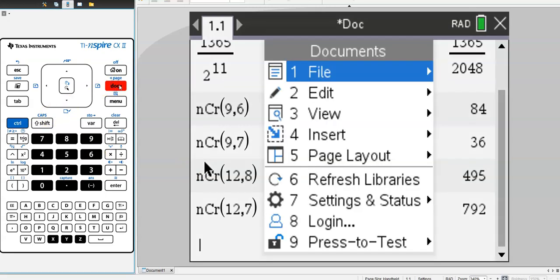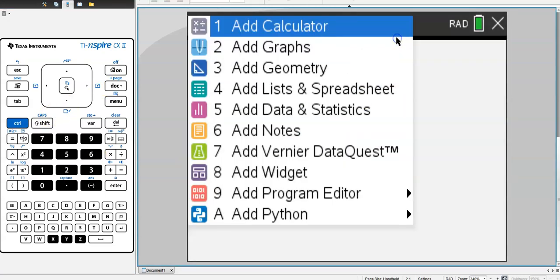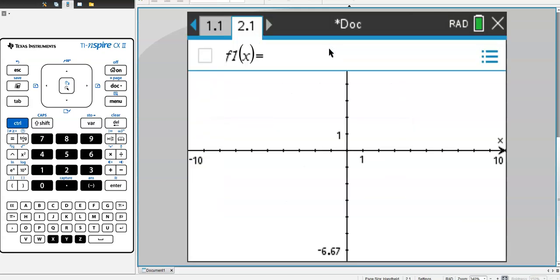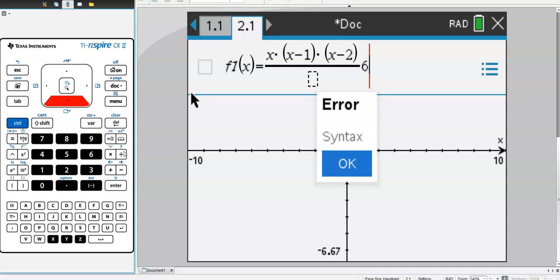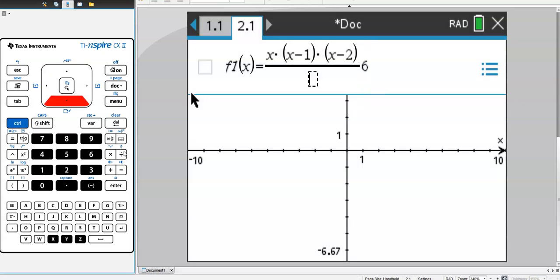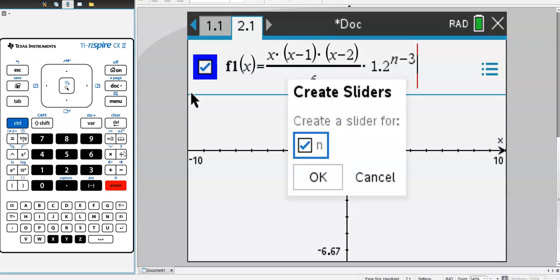So let's go insert, problem, new problem, add a graph, and type in that monster of an expression. So it was x, make sure we put the times in there, x minus 1 times x minus 2 divided by 6. Oops. What am I doing wrong there? There we go, divided by 6 times 1.2 to the power of n minus 3.